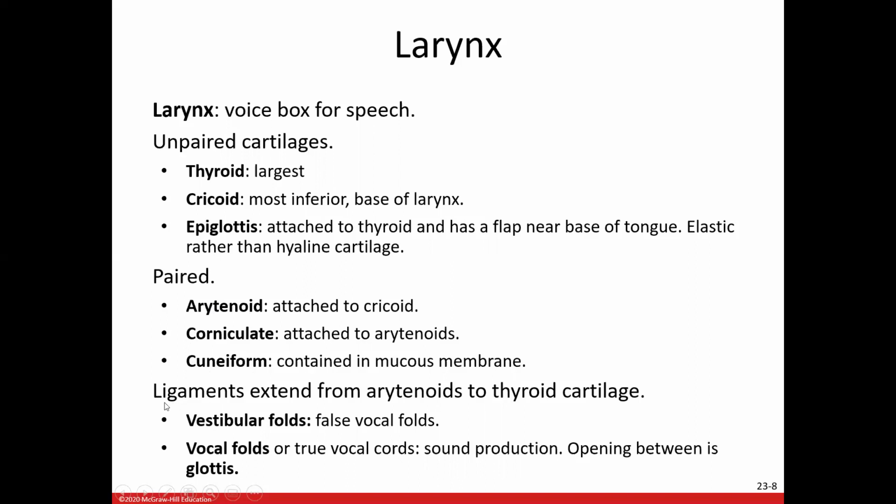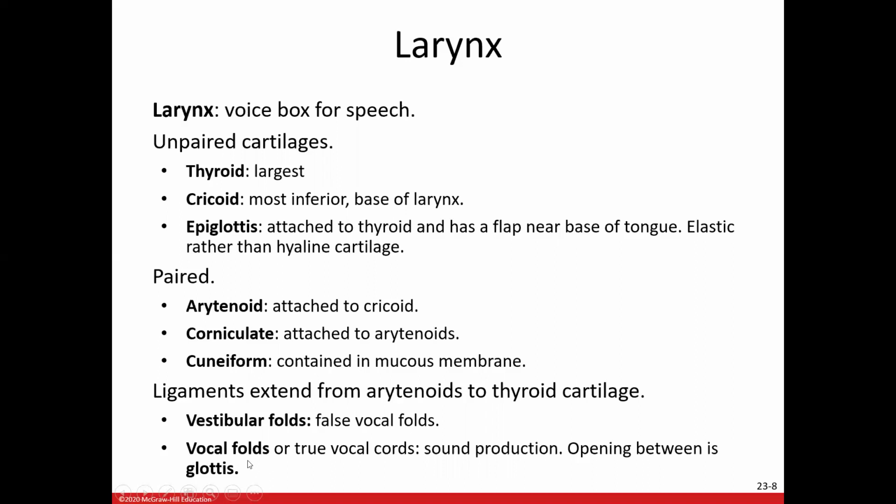And then you have two ligaments, which you remember from when you talked about bones. Ligaments are just pieces of connective tissue that connect bone to bone or cartilage to cartilage. And since the larynx is primarily cartilage, the ligaments are just connecting pieces of cartilage together. Two important ligaments we have are your vestibular folds, which are referred to as your false vocal cords, so these don't actually produce sound.